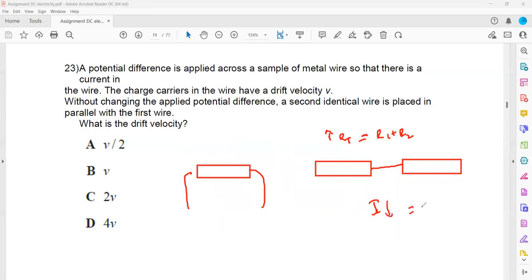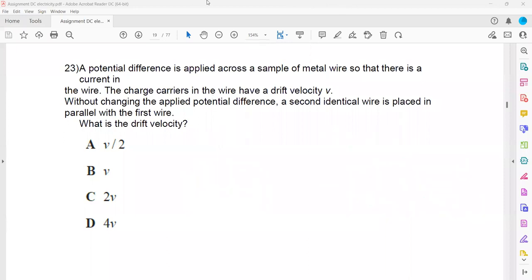If the current decreases, I equals N A Q V. N is not changing, A is not changing, Q is not changing. So what happens to V? V will decrease. In that case, V will become half. Like this will be V by 2, this also V by 2. But here, because it is connected in parallel, it receives the same voltage. That's why the drift velocity will also be the same.